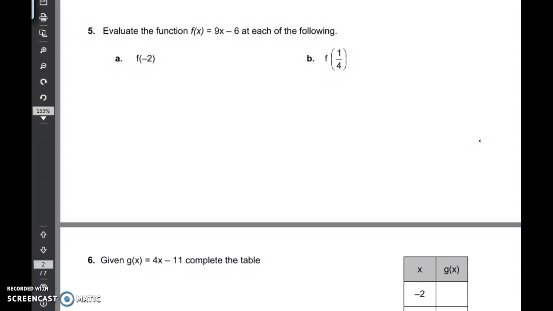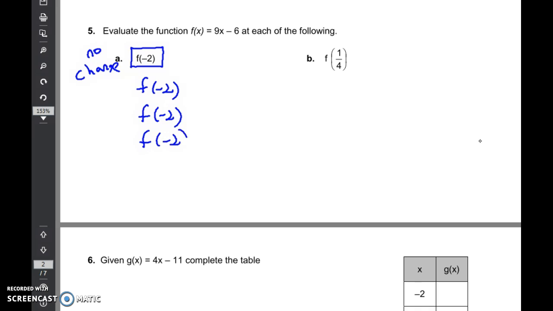All right, for the most part, we did pretty well on number 5. There's 2 or 3 people that are not understanding what function notation is. All function notation does, this doesn't change. So whatever I do to this equation, f of negative 2 stays f of negative 2 on and on.